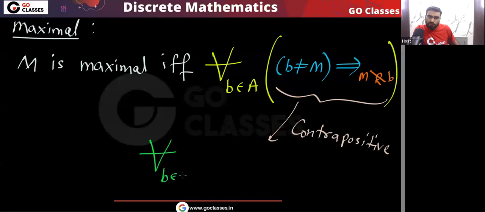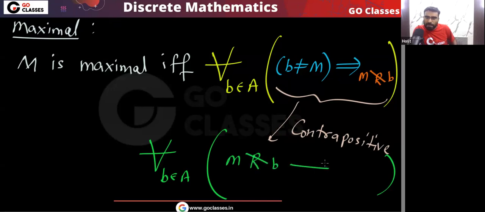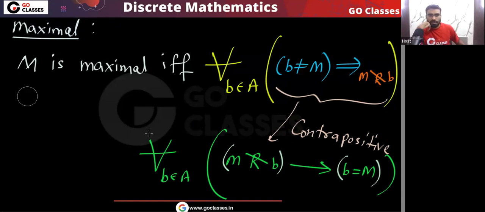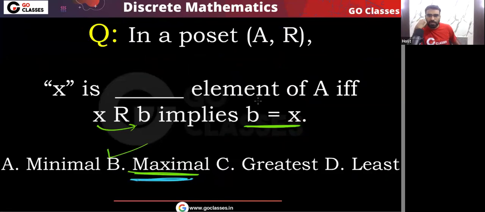The contrapositive will be: for all B, if M is related to B, then M is B. Is this clear? If M is related to B, then B is M. Okay, this will be the contrapositive. So very simple. Remember, this is the definition of maximal.